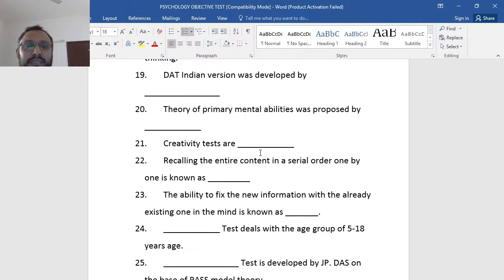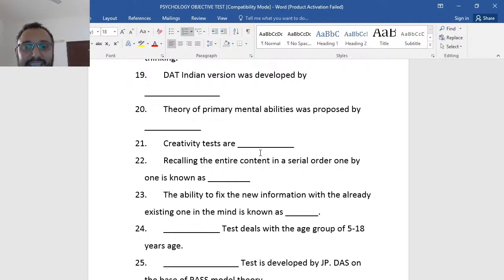In PASS model theory, we have the simultaneous and successive processing approach. The simultaneous processing means whatever information you acquire or learn, you are going to store with the already existing similar information. Successive processing means you're trying to recall one by one in a serial order, like a child is reproducing.